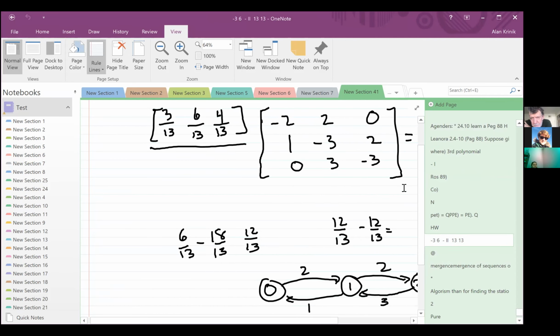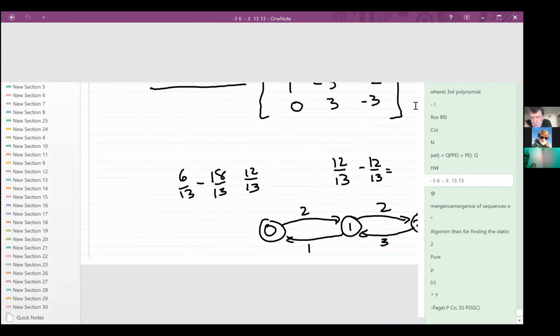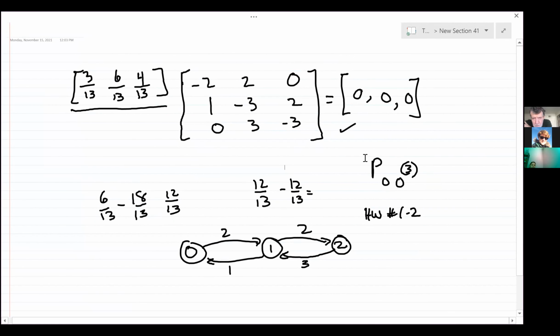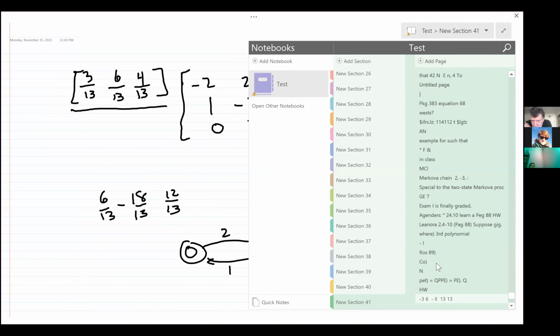This will work. So we did this example. Maybe I can go back one more page. Let me just see where I am.